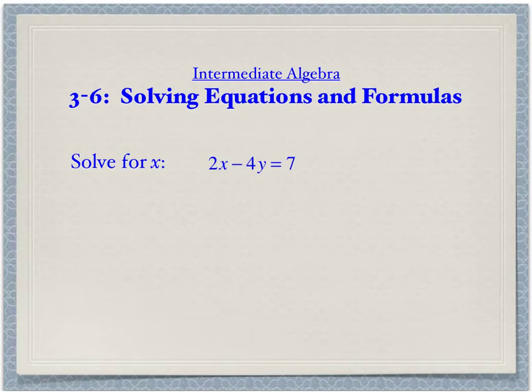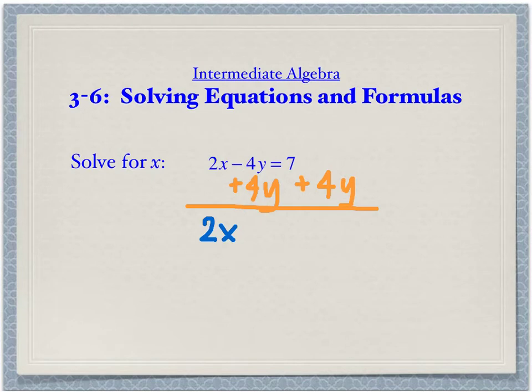If I want to get x by itself, the thing that's preventing me from doing that is this 4y. So first of all, I am going to add 4y to each side here. Remember, whatever you do to one side, you have to do to the other. So what I have left then is 2x on the left.